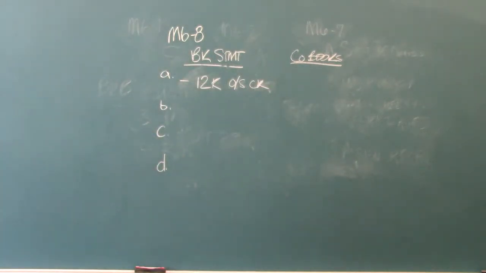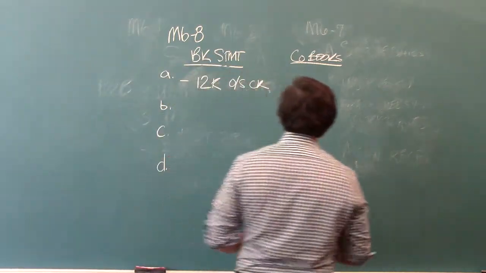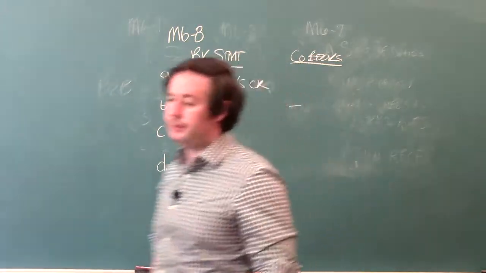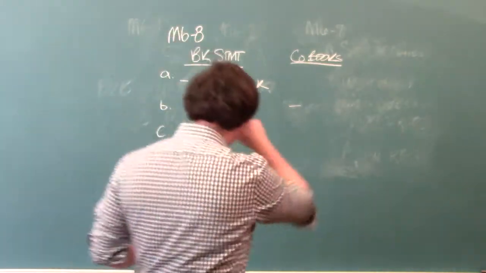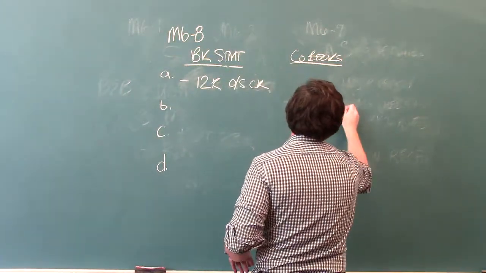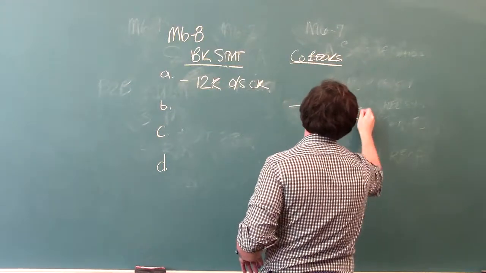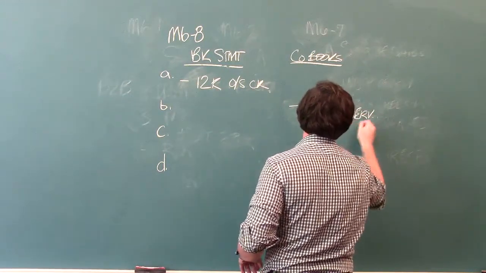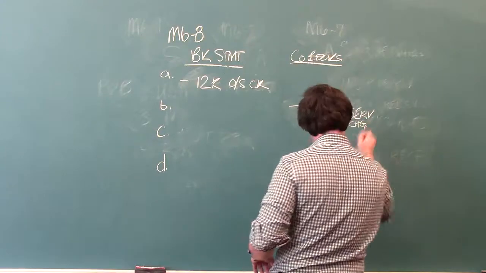B says bank service charge. Bank service charge will be a decrease, forget the amount, $15, a decrease to the book side. Why?